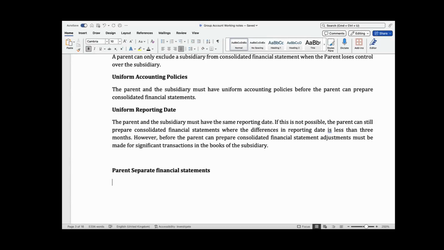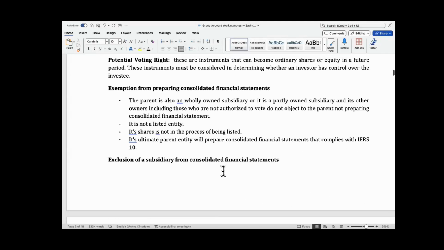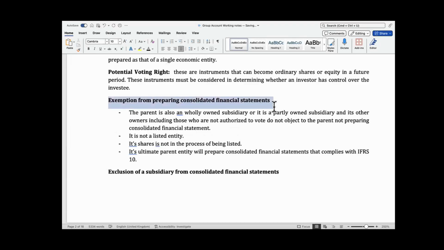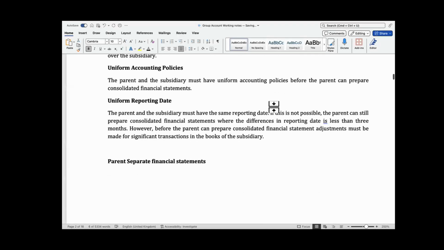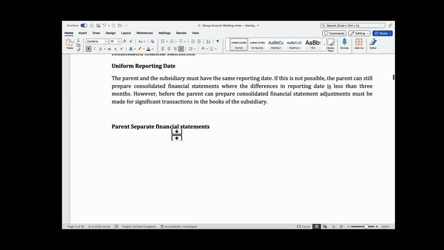Where a parent has a subsidiary, yes, the standard says he should consolidate. However, where either he takes advantage of this exemption that he doesn't have to consolidate, or even when he prepares consolidated financial statements, you know that as a company, you need to also prepare your own separate financial statements. So there is a parent separate financial statement.